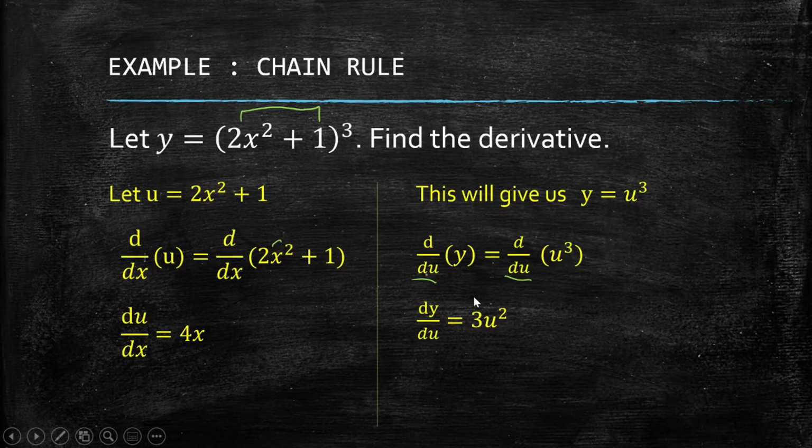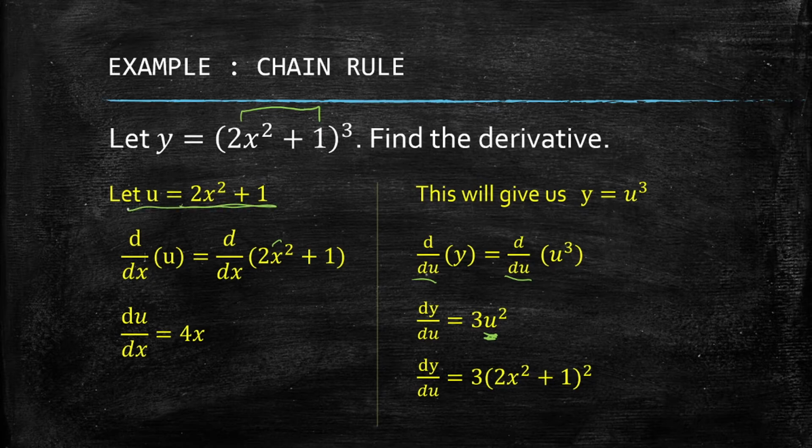So what's the next step? The next step is to substitute the value of u. What is our u? Our u is 2x squared plus 1. But take note, this is with respect to u.